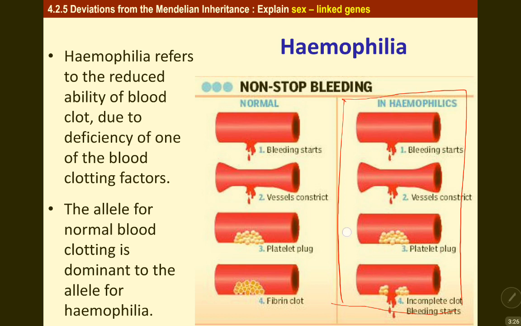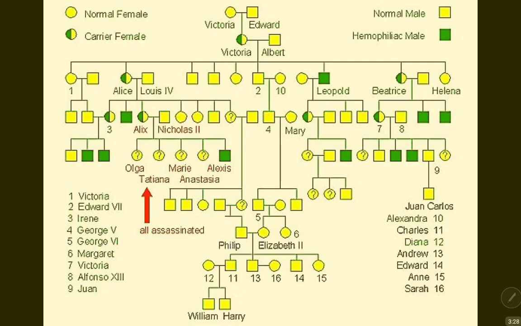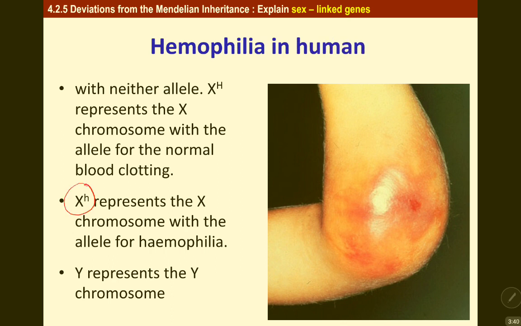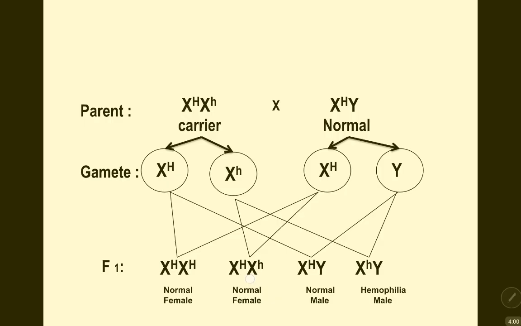This is the family tree from the Victoria family from Britain. In this case, hemophilia in human, X small h represents the X chromosome with the allele for hemophilia, meaning that hemophilia is recessive. X big H represents normal blood clotting, while Y represents the Y chromosome.